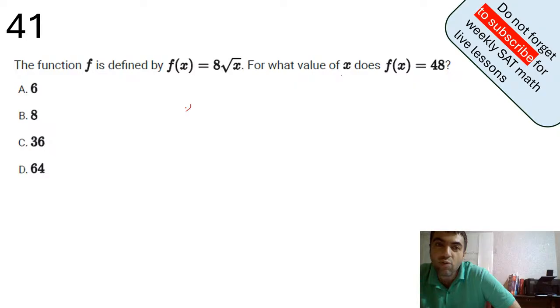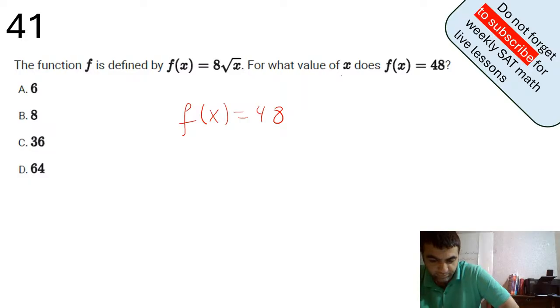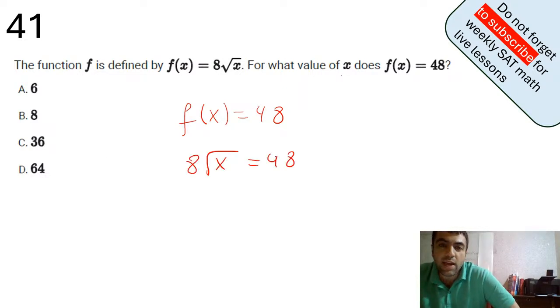Function f is defined for what value of x does f of x equal 48? Mr. Saib and Shahin said it is A. 8 square root of x is equal to 48.